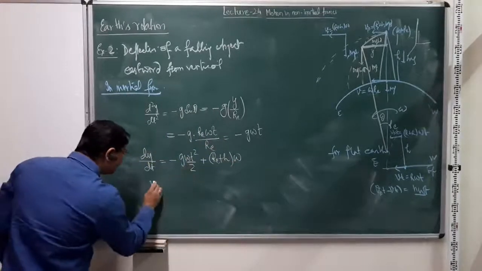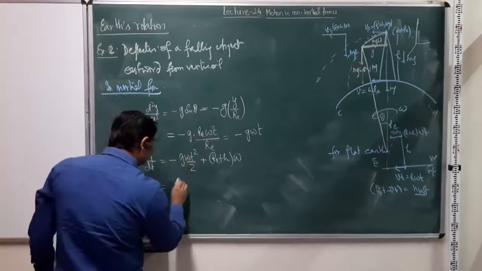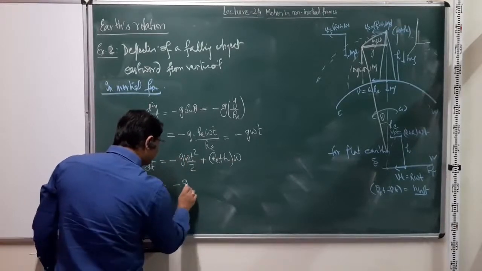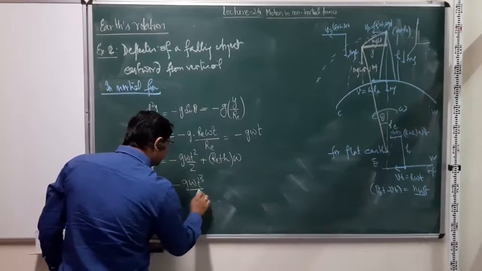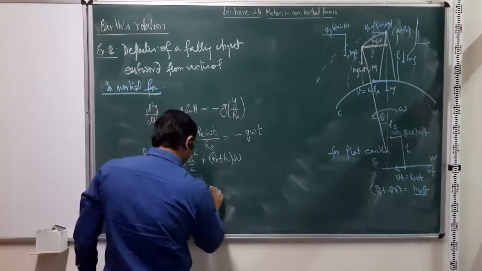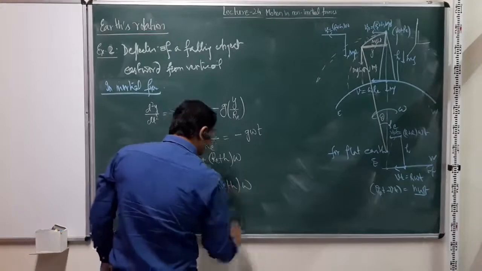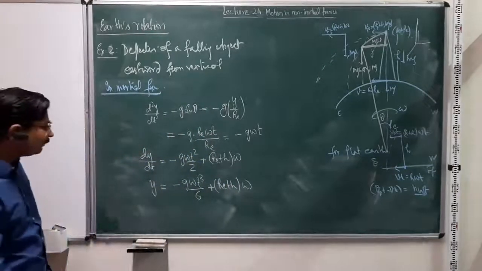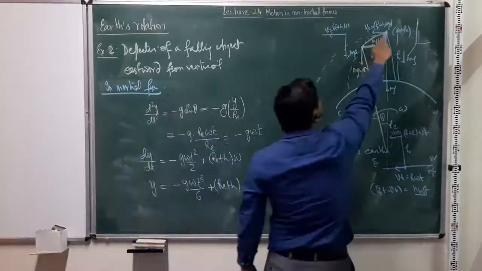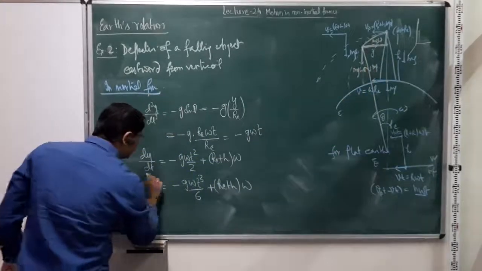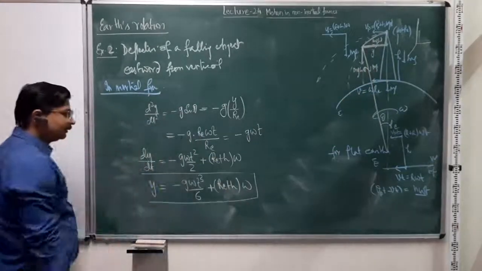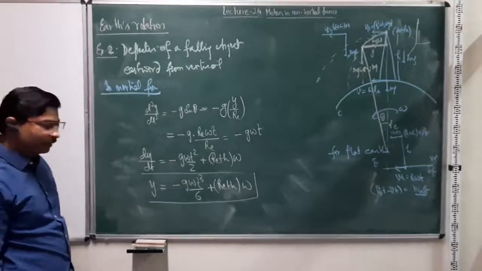Integrate again to get y, and y would be then minus g omega t cube by 6 plus re plus h omega t. So in the inertial frame, the particle will move this distance eastward.